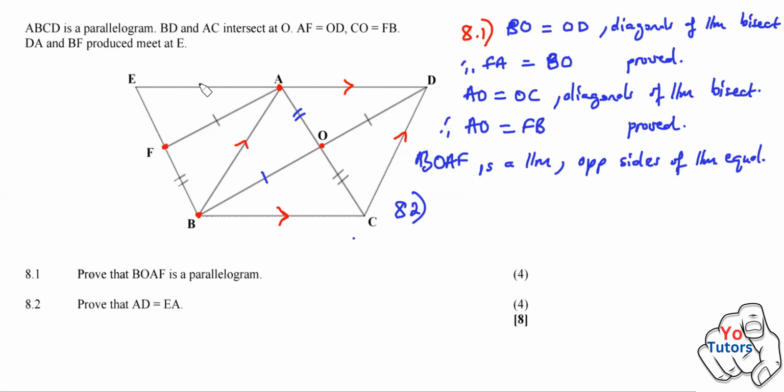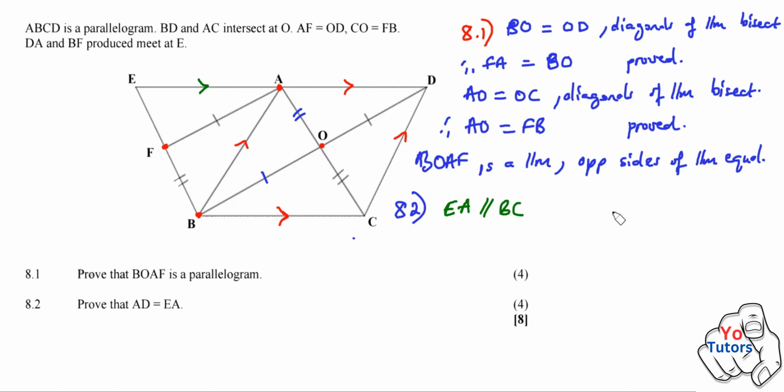So I'm going to add something here so that you can see nicely. Now, why am I adding that? I want to show you guys that these are all parallel. So what can we do now? We can now say EA is parallel to BC.